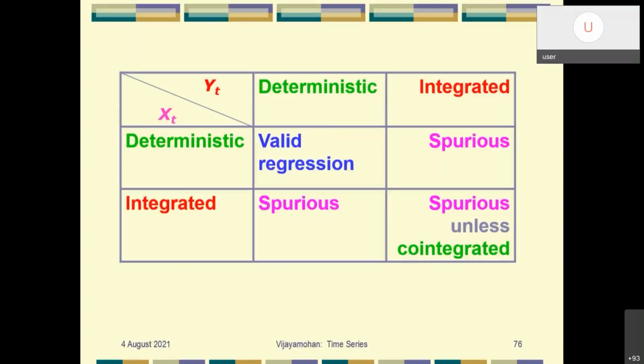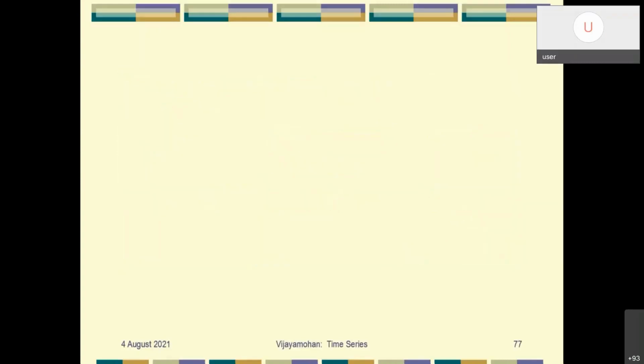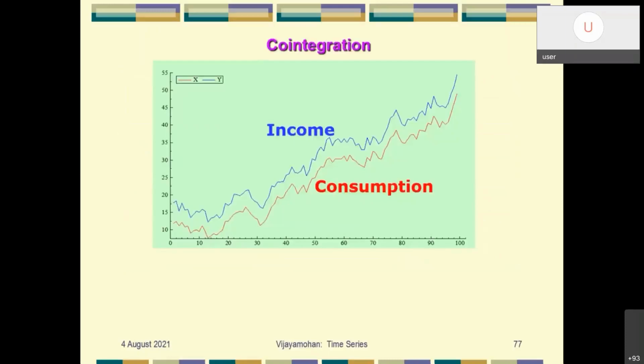Okay. Now, what is this co-integration? Suppose we have two variables, income and consumption. Both are increasing over time, and both are non-stationary variables. Now, if we take a linear combination of income and consumption, for example, income minus consumption, that is savings, right?